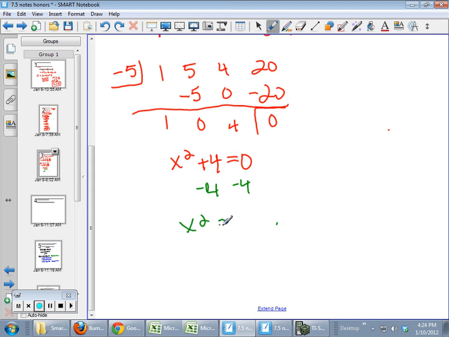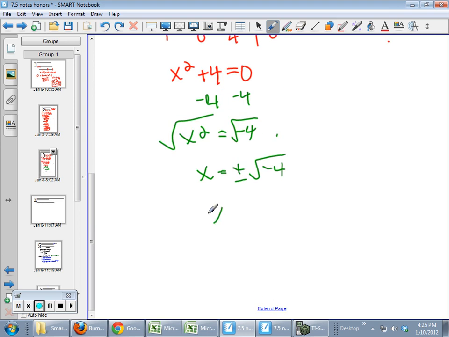We get x squared equals negative 4, and then we square root, and we get x equals plus or minus the square root of negative 4. The square root of negative 4 is just 2i. So it's going to be plus or minus 2i.